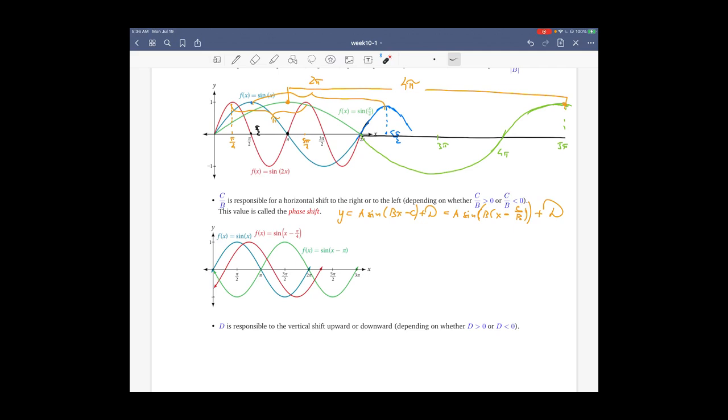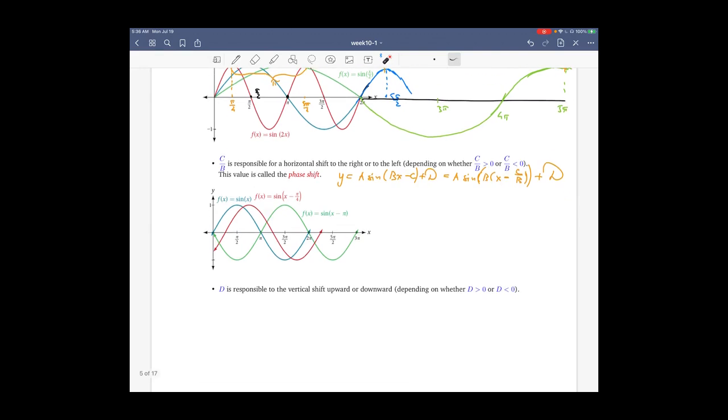And in the picture, the blue curve, again, is the graph of the standard sine function. The red curve is the graph of sine of x minus pi over 4, which is the standard sine function shifted to the right by pi over 4.